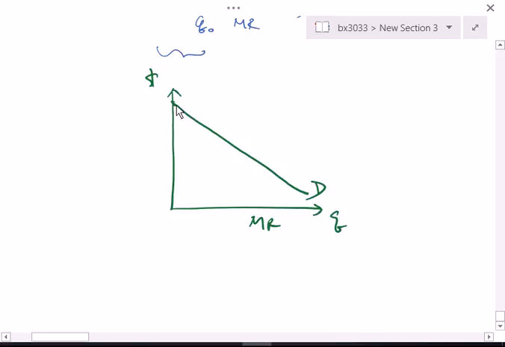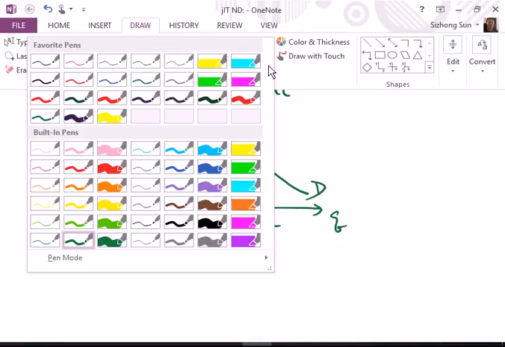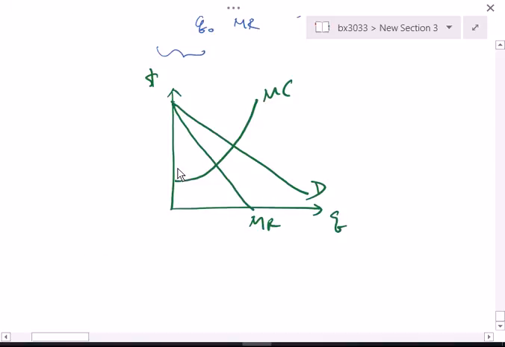Demand curve, marginal revenue curve, marginal cost curve. So the monopoly firm chooses the quantity of output to maximize its profit by choosing the quantity such that MR equals MC, which means producing this many units, and charging a price, going from the quantity up to the demand curve to get the price. Okay.